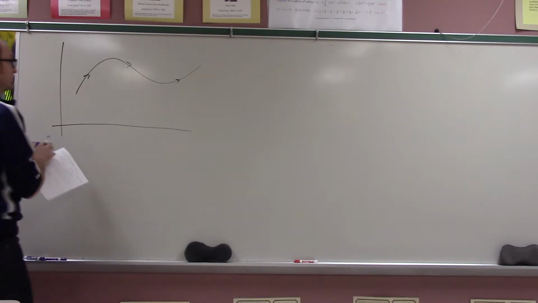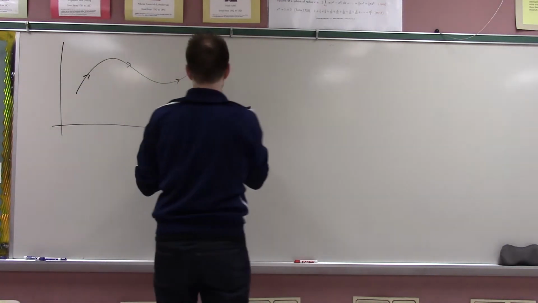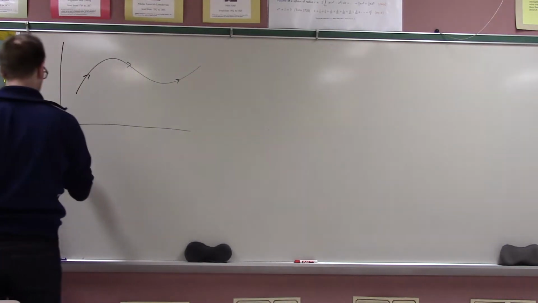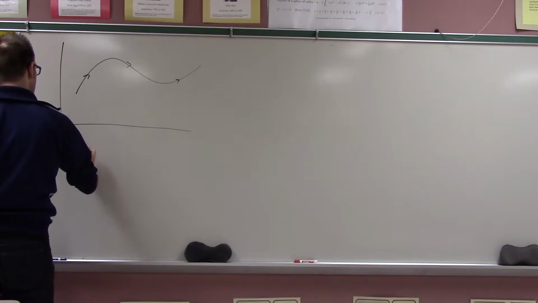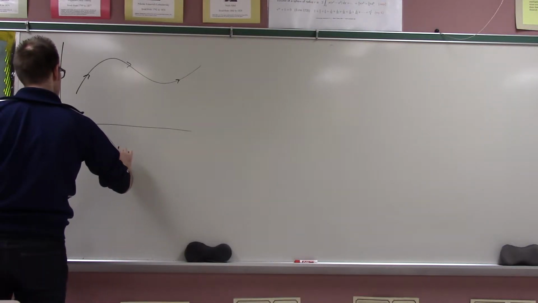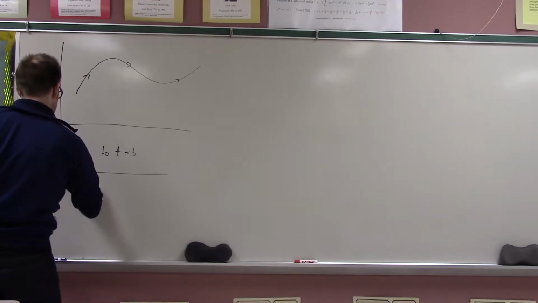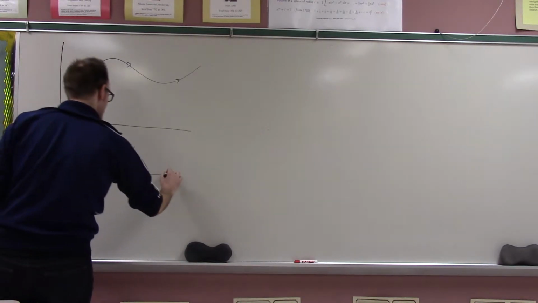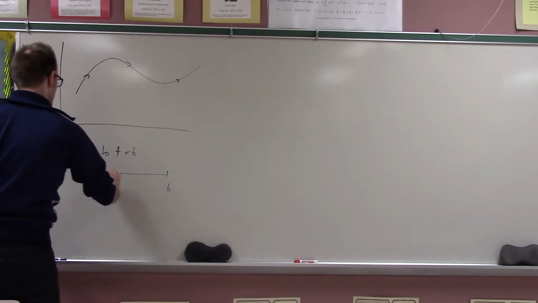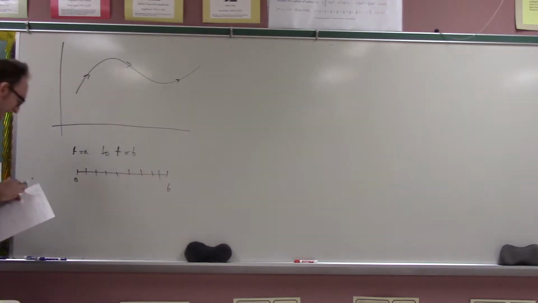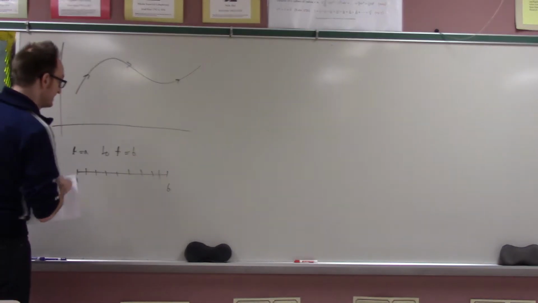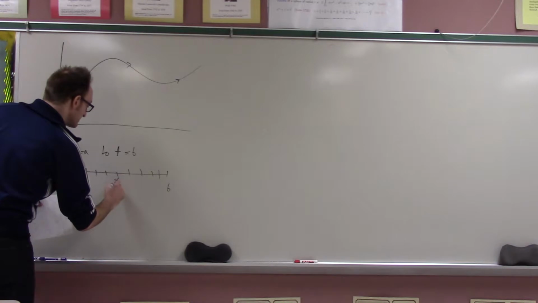What I'm really doing is partitioning up a t interval. So I want to do this from t equals a to t equals b. So I take a t interval, here's a and here's b, and I partition it. Then I look at the ith t interval, from t sub i minus 1 to t sub i.